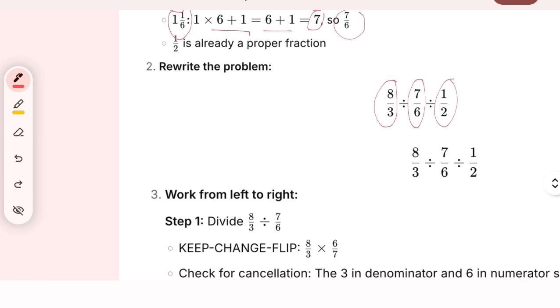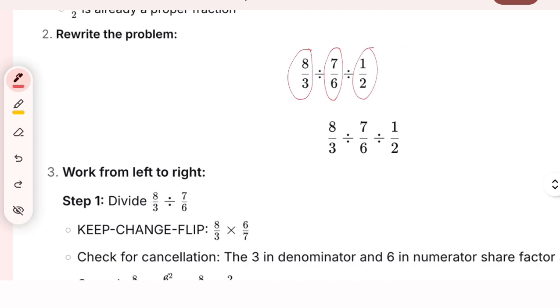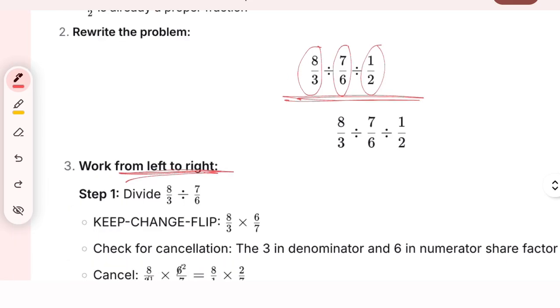And how do we do it? How will we divide 3 fractions? We go from left to right. If you haven't watched the previous videos, I have a video specifically intended for division of fractions, and we have there problems with 4 fractions divided.